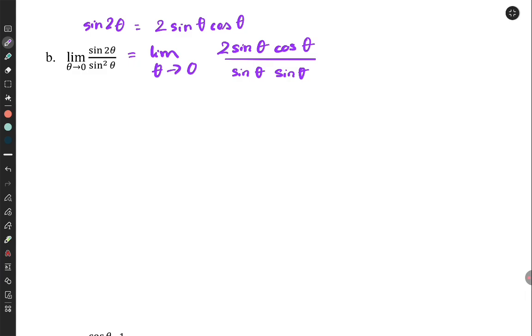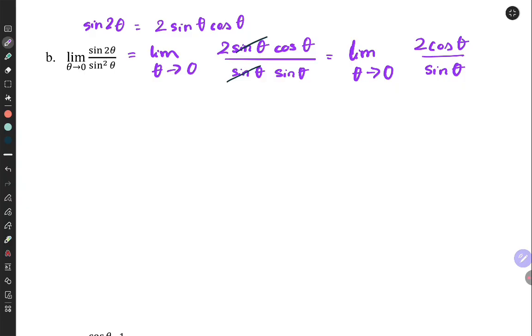Then cancel. 2 cosine theta. Oh, actually, limit. Okay, don't make that mistake. Always carry the limit with you until you plug in. Do not drop the limit. If you have to plug in, you still have to write in the limit.